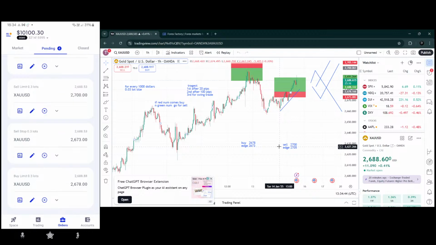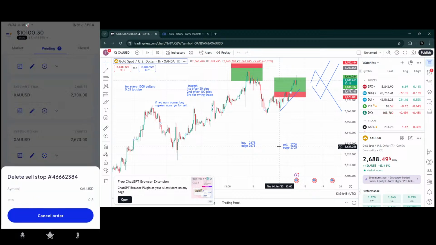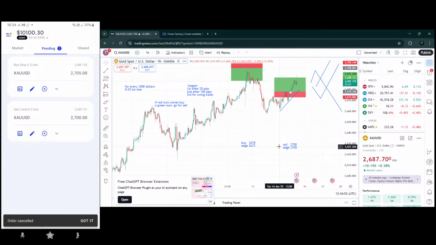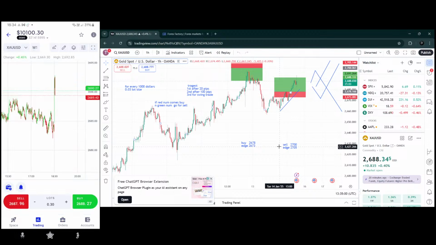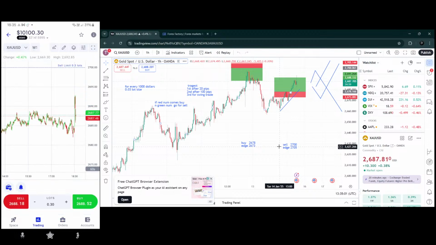So I'm removing 2673, 2678. So now we are waiting because this is the market. Because as you can see today, the market doesn't go anywhere. The only thing we can wait for now is the sell at 2700.